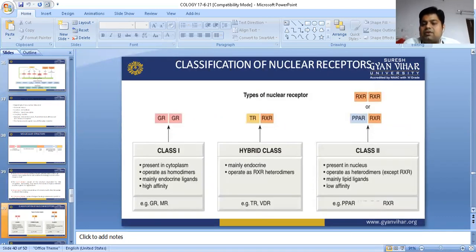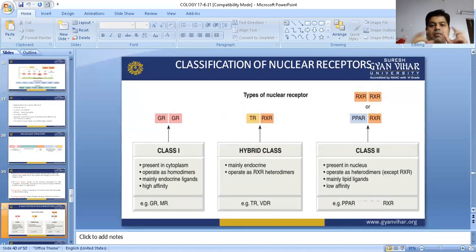Now, what is the classification of nuclear receptors? We can see the class 1 hybrid receptor and class 2 receptor. Class 1 is present in the cytoplasm, as I have already said, and operates as homodimers, mainly endocrine and with higher affinity. In the hybrid class, mainly endocrine means endocrine system and exocrine system; there are two systems.